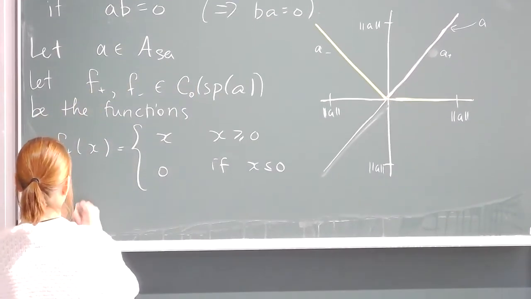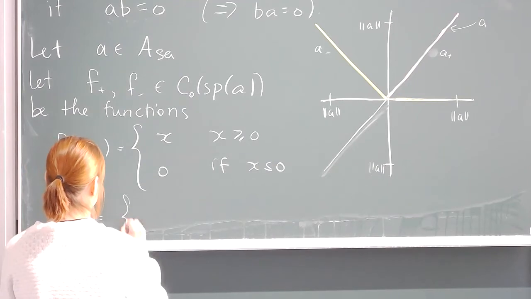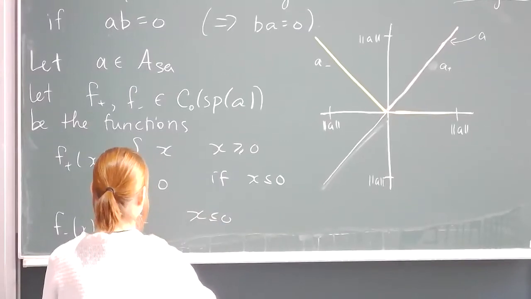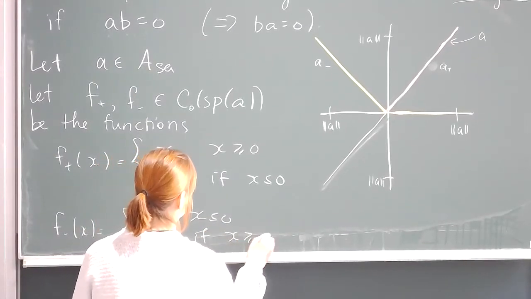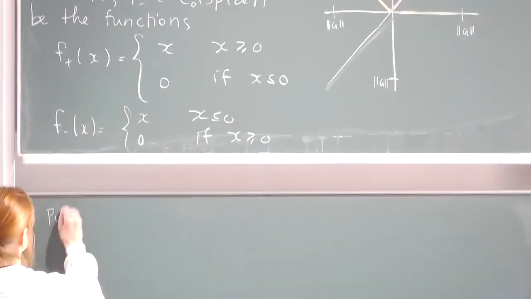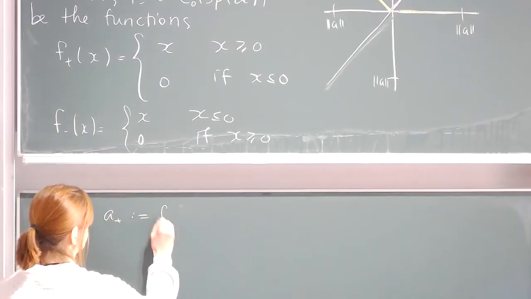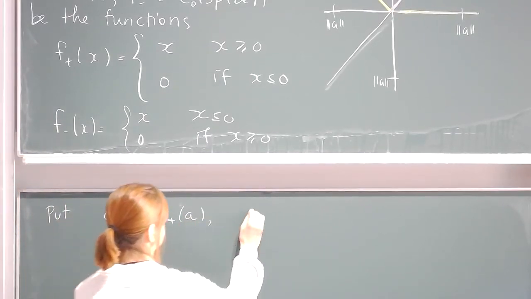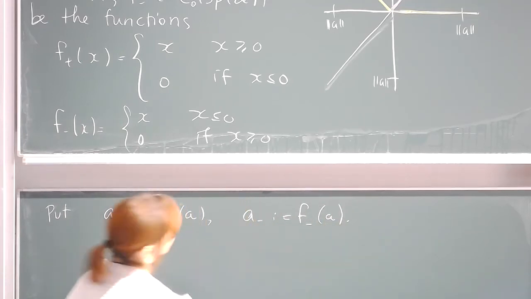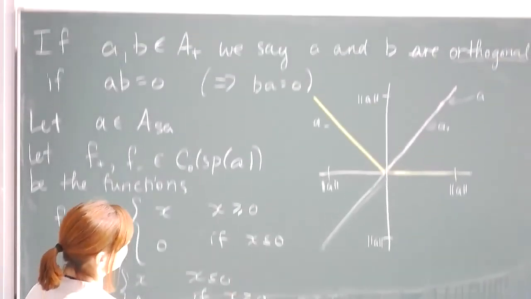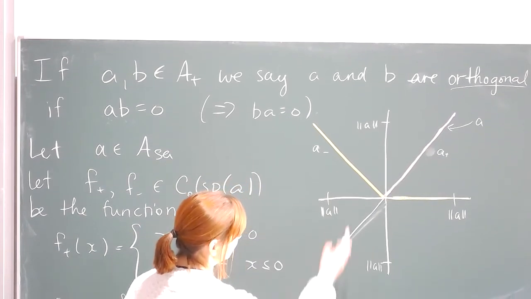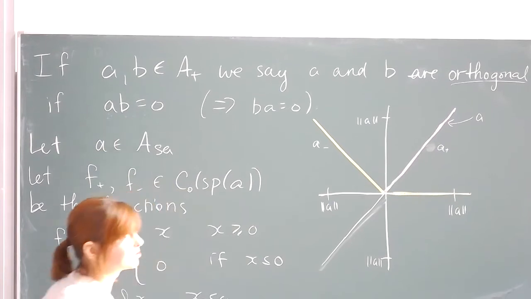And F minus will be X if X is less than 0 and 0 otherwise. Then you can see from this picture here that A is going to be the sum of A minus and A plus, and moreover, A minus and A plus are orthogonal.